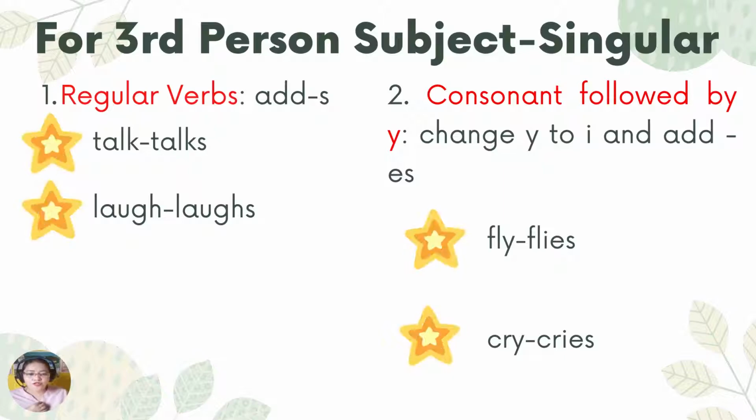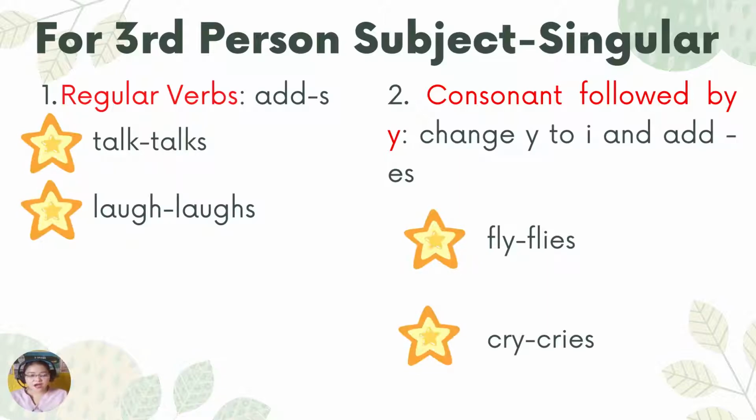Now, for the third person singular subject. First rule, if we have regular verbs, we just add s, like talk, talks, laugh, laughs. For consonant followed by y, change y to i and add es, like fly, flies, cry, it will become cries.